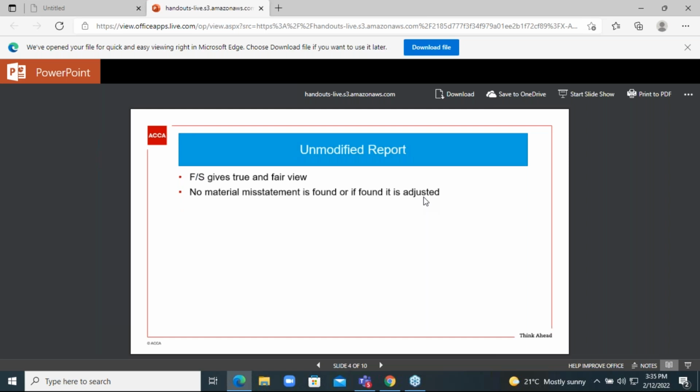This means that either no material misstatement is found, or if a material misstatement is found, it has been adjusted by the management. So there is no issue. If there was an issue, that issue has been resolved between us, so we are fine. Now we will issue an unmodified report according to ISA 700 where we will not change the opinion, nor will we change the report. So this is the simplest report format.